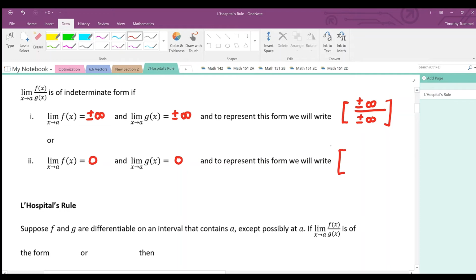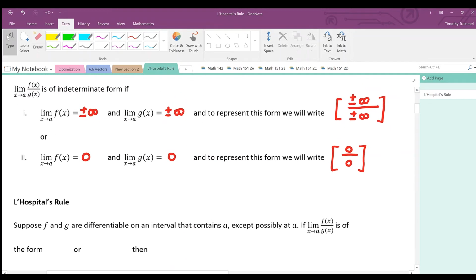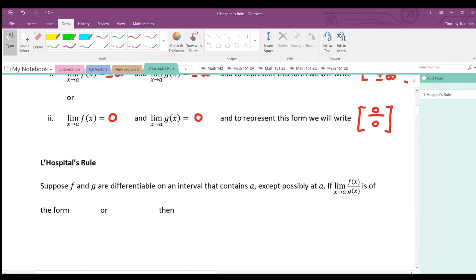And if it's of this form 0 over 0, this is how we'll write it. And what I will tell you here in a little bit is I want you to actually write this every time you use L'Hopital's rule. We need to know that it's in one of these forms before we apply it.